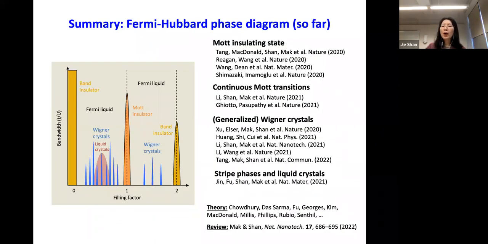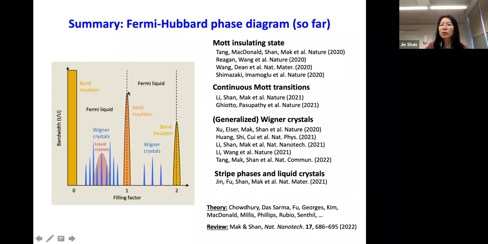Okay, so I would like to summarize what we have learned so far using these triangular lattice moire superlattices. Our experiment and other experiments on different TMD combinations all observe this insulating state at a filling factor equal to 1.